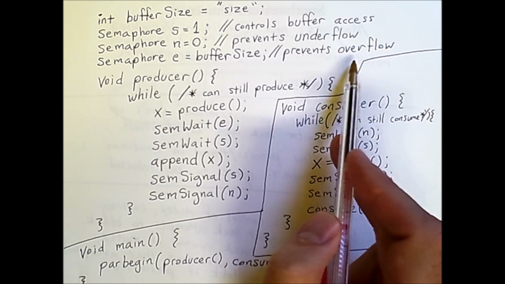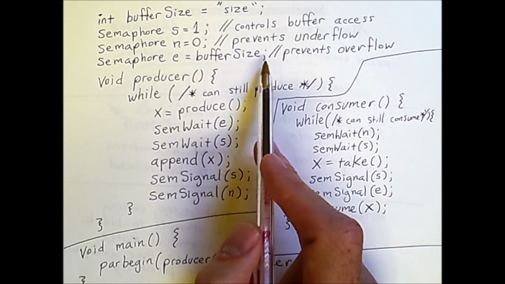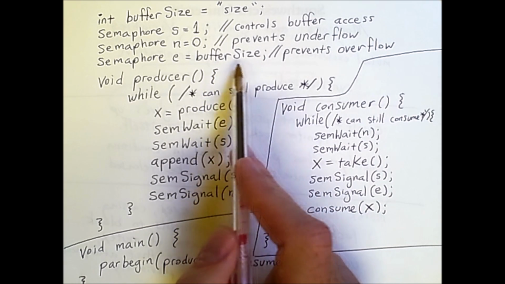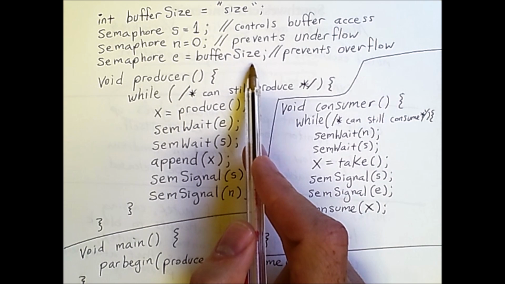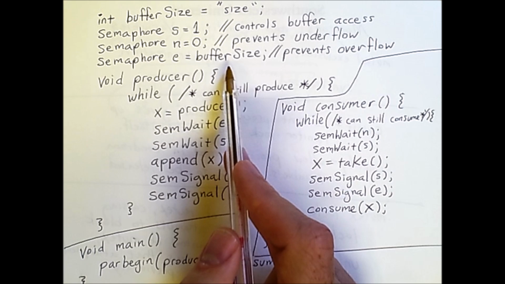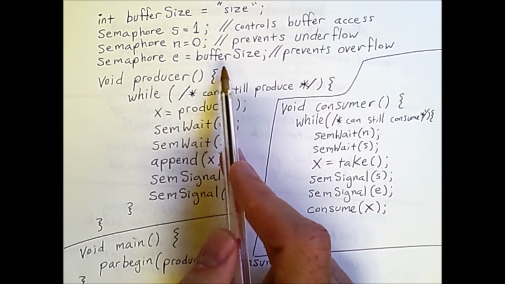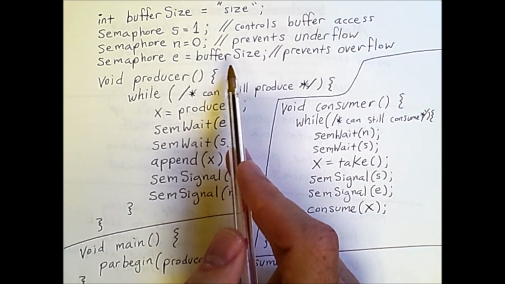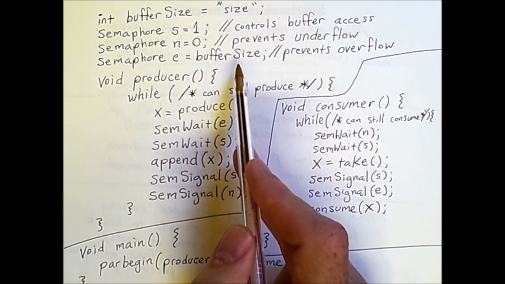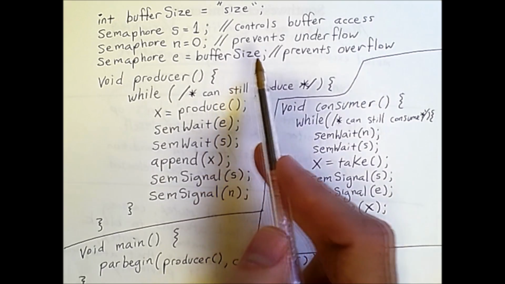So it will prevent overflow because as items are added to the buffer, this number will go down. Notice that it starts off at the buffer size. And when it goes below 0, that indicates the number of threads that would like to produce something and add it to the buffer but are blocked because it's already full.